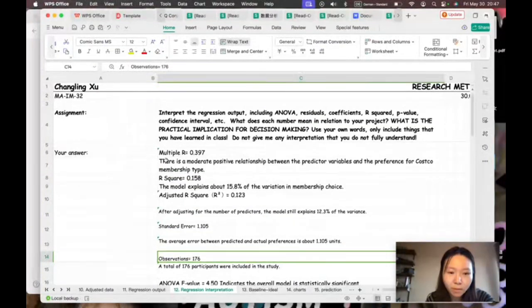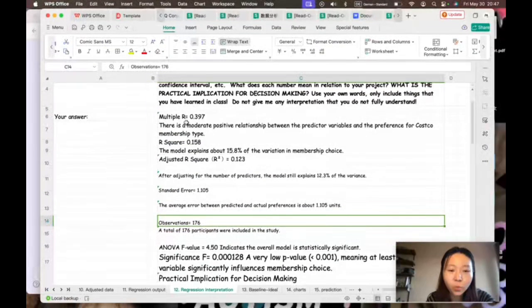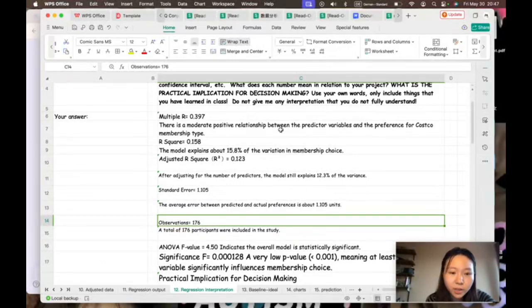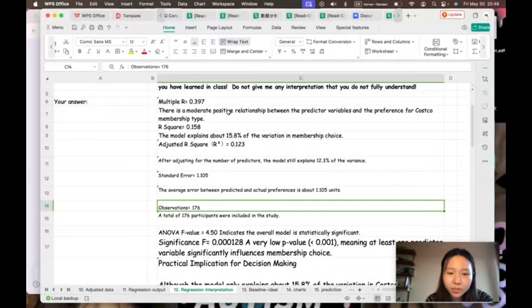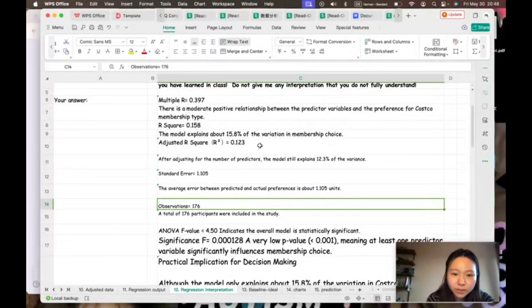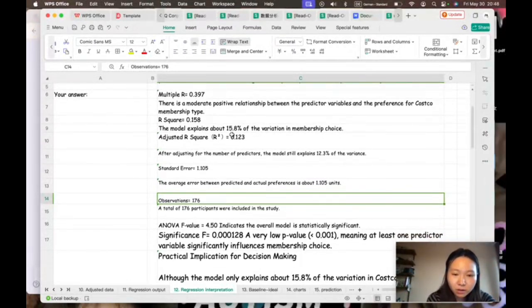Multiple R equals 0.397. There is a moderate positive relationship between the predictor variables and the preference for Costco's membership type. R squared equals 0.158. The model explains about 15.8% of the variation in membership choice. Adjusted R squared equals 0.123.